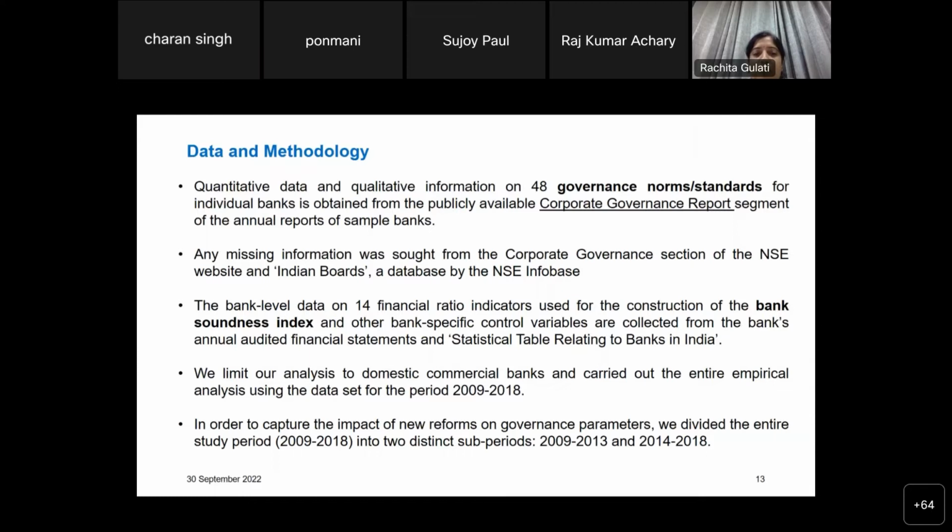In order to capture the impact of the new reforms and the governance changes, we divided the study period into two distinct periods and looked into the impact of the reforms and the changes in governance regulations on the distinct groups as well as the industry as a whole.